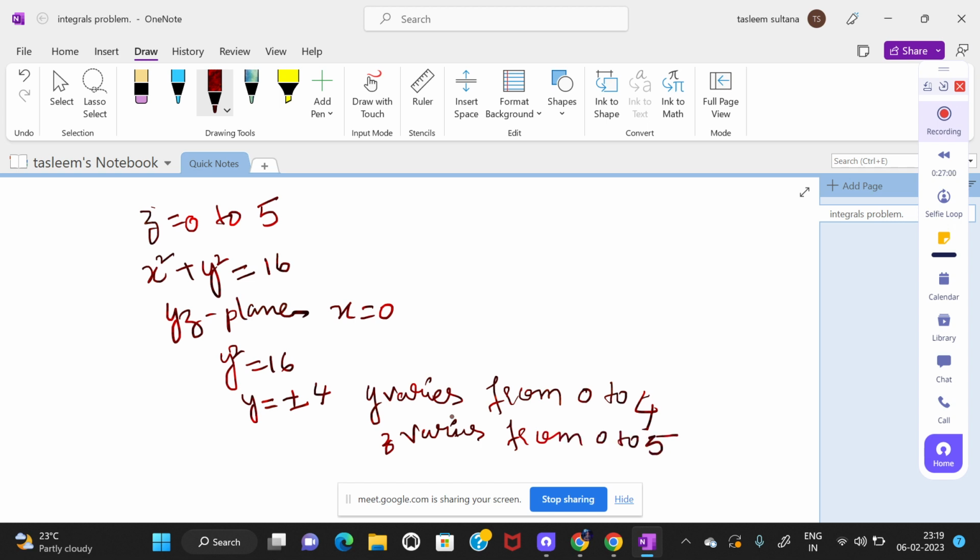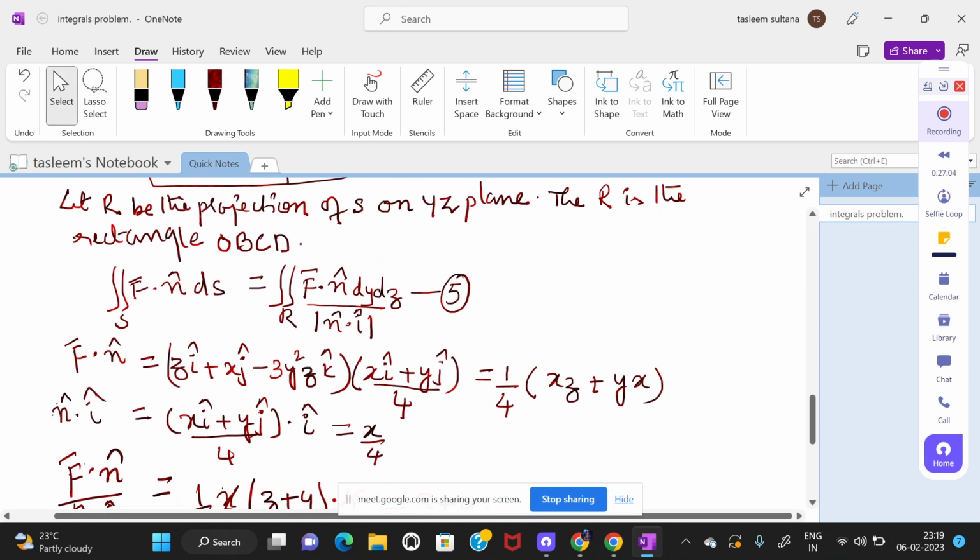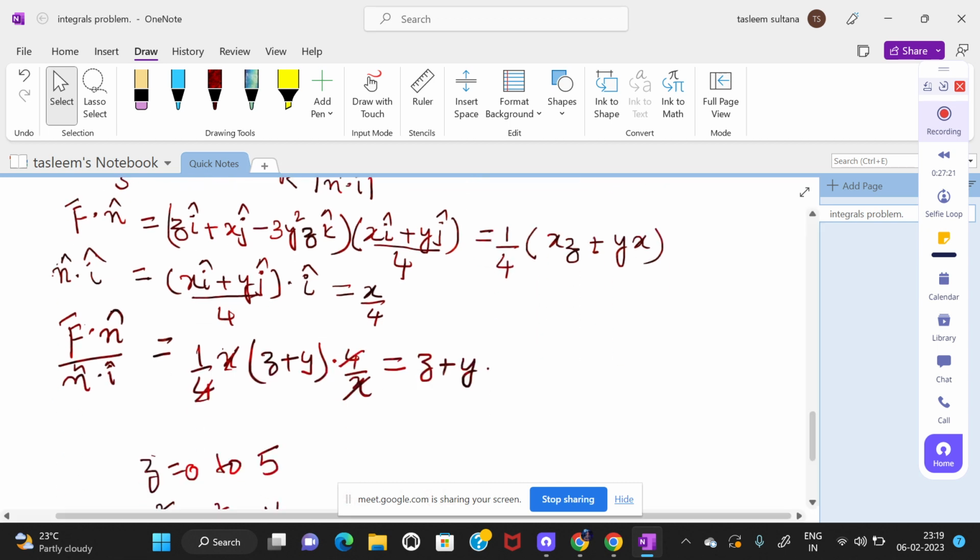Now we will substitute all these values into equation number 5, where we have written let R be the projection of S on the YZ plane, then R is the rectangle OBCD. Surface integration over R, F vector into N vector divided by N vector into I vector.